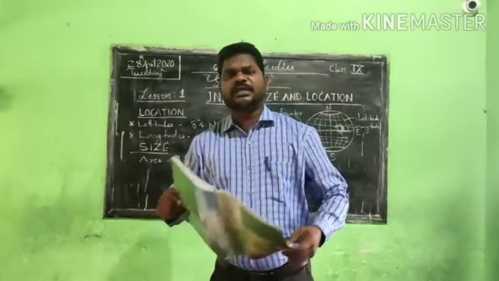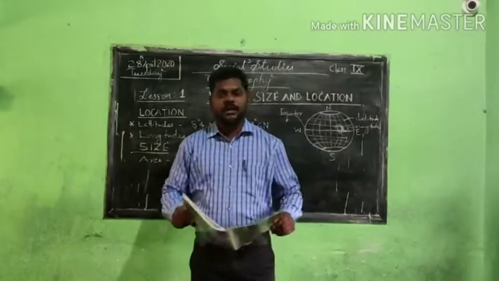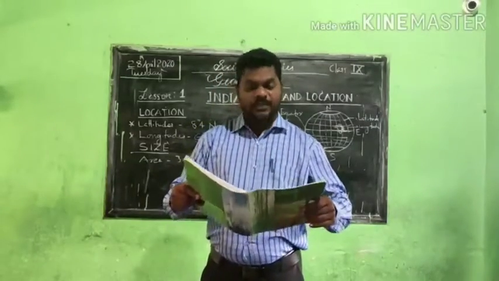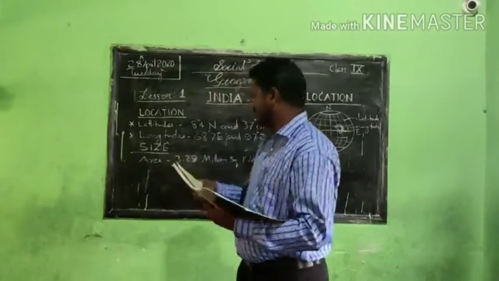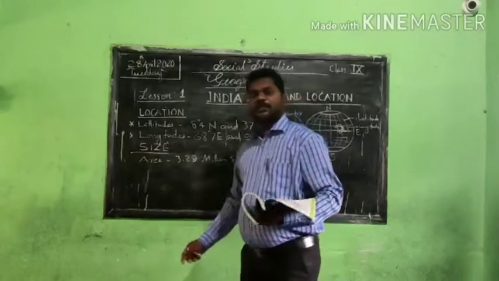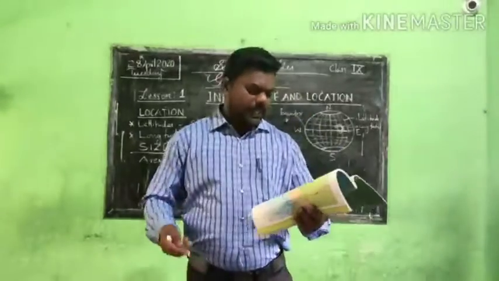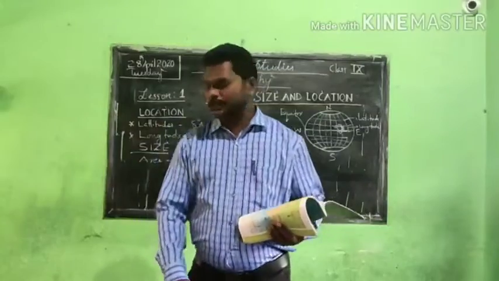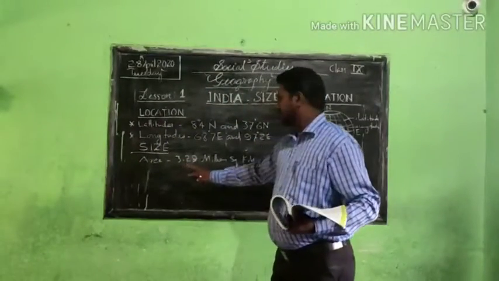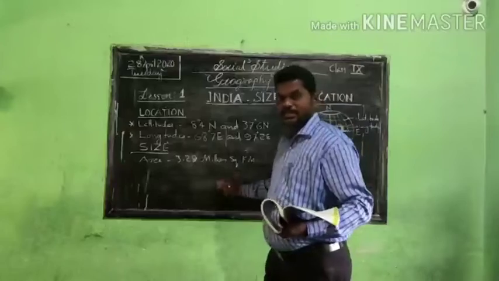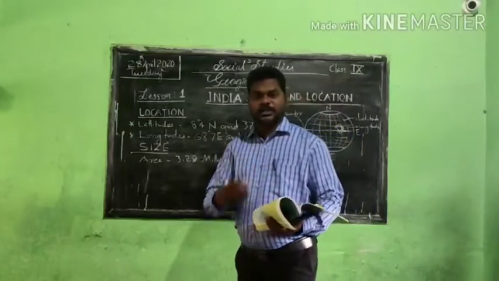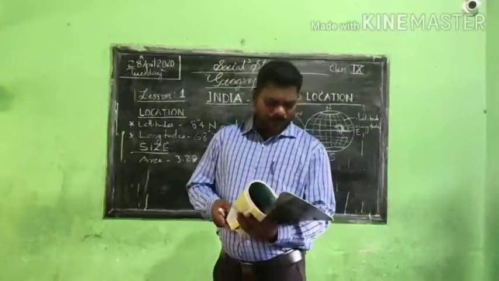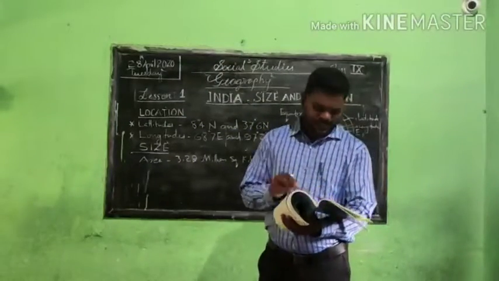That means this graph very clearly states that India is in 7th position in size in the world map. Six nations are larger than us, and we are the 7th one in size. That means 3.28 million square kilometer. Your textbook explains this very clearly; go through the textbook and you will have good information. So India is the 7th largest country.